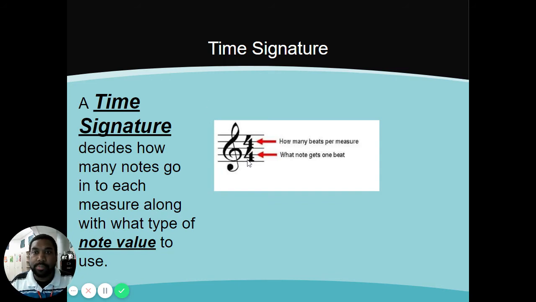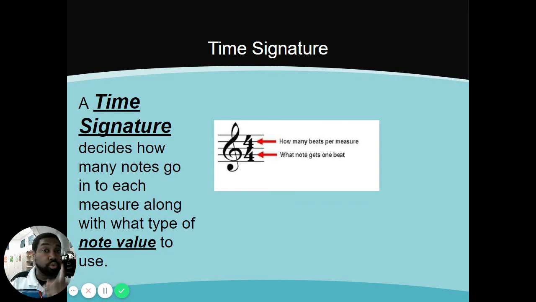Let's try it. Two numbers, time signature. Two numbers, time signature. Two numbers, time signature. That's all I want you to remember.